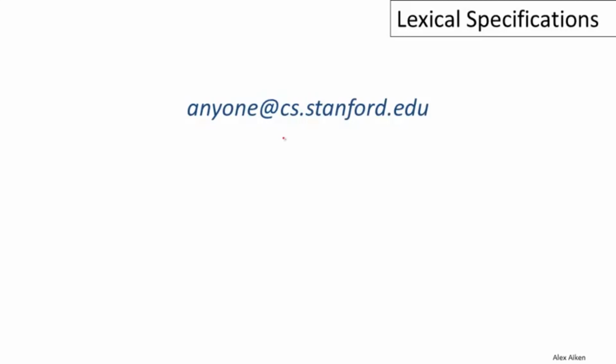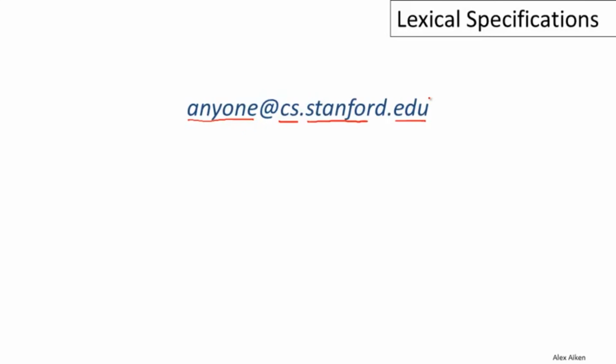And so we can think of an email address as consisting of 4 different strings separated by punctuation. There's a username and then 3 parts to the domain. Okay, and let's just assume for simplicity that these strings only consist of letters. In practice, they can consist of other kinds of characters too, but let's just keep things simple.